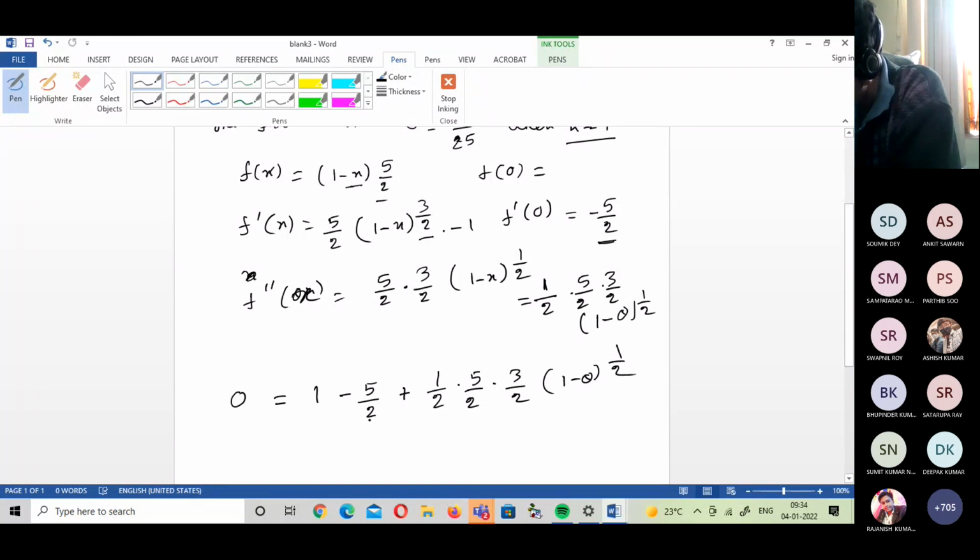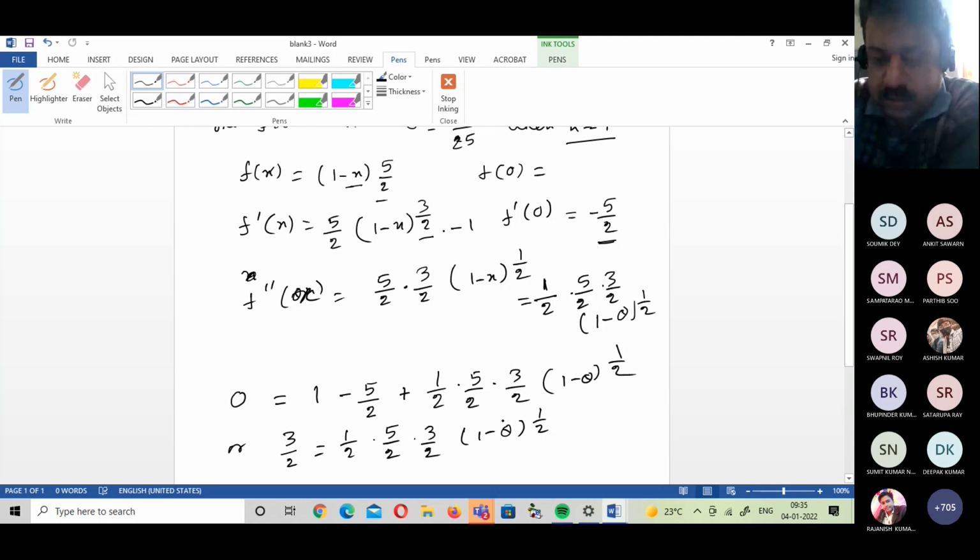So it will be 1 minus 5 by 2 minus 3 by 2. That will be taken this side, left side. So it will be 3 by 2 equals 1 by 2 into 5 by 2 into 3 by 2, 1 minus theta to the power half.